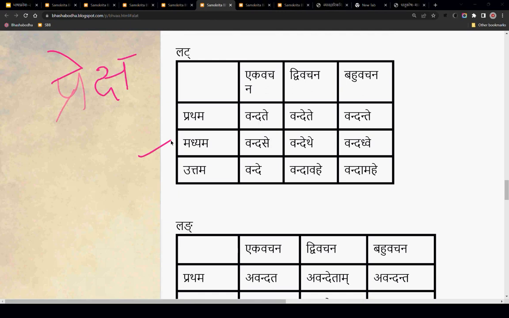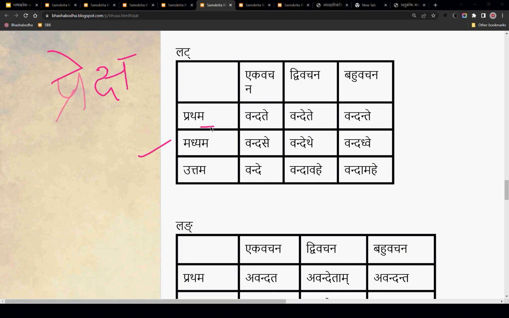Prekshate, prekshete, prekshante. What is the first one? Prathama Purusha Ekavachana: Prekshate, prekshete, prekshante.